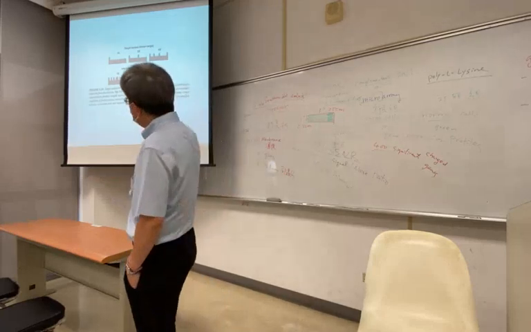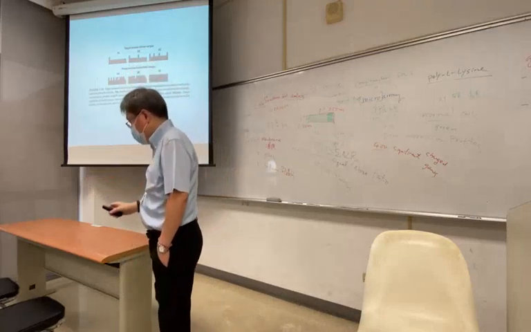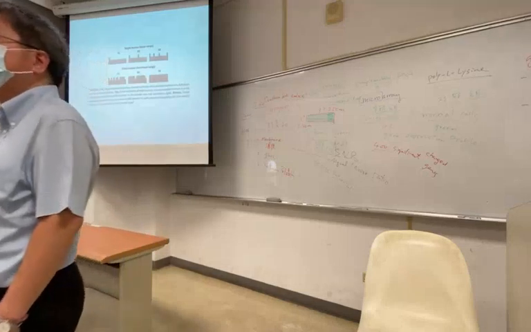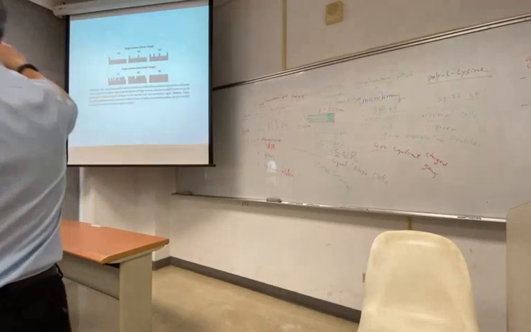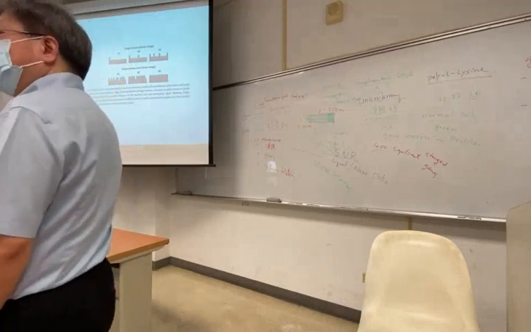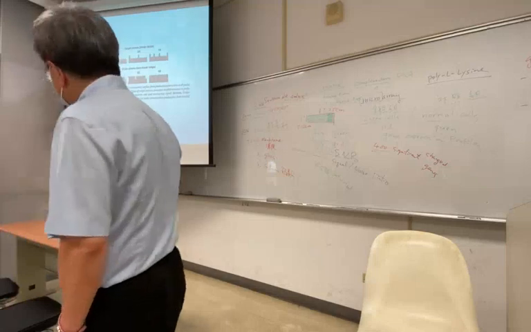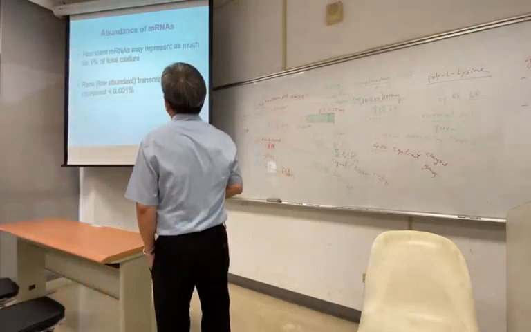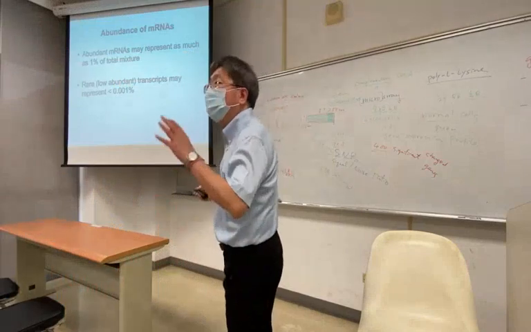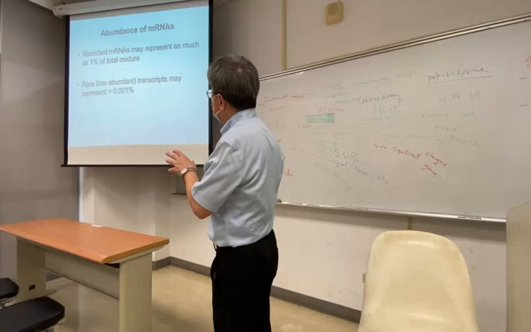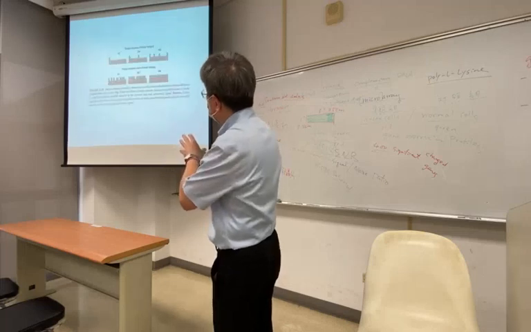So that's why it's very tricky. Every single step during the array, the cycle I just showed you, involves a lot of trade-offs as well. Of course, if you want to study low abundance mRNA, then you have to add more of this.